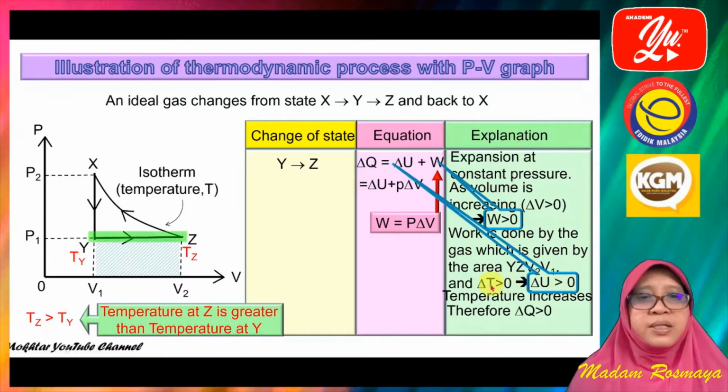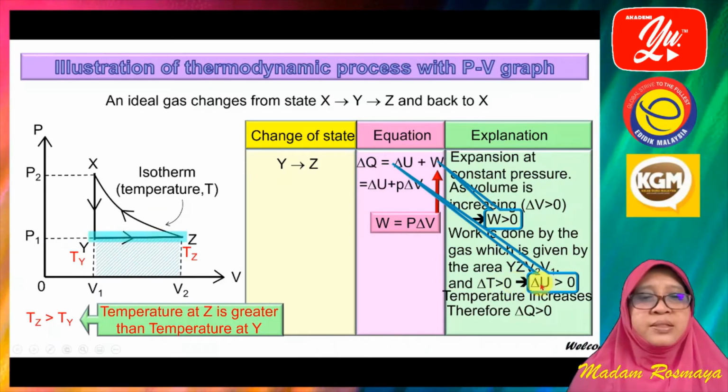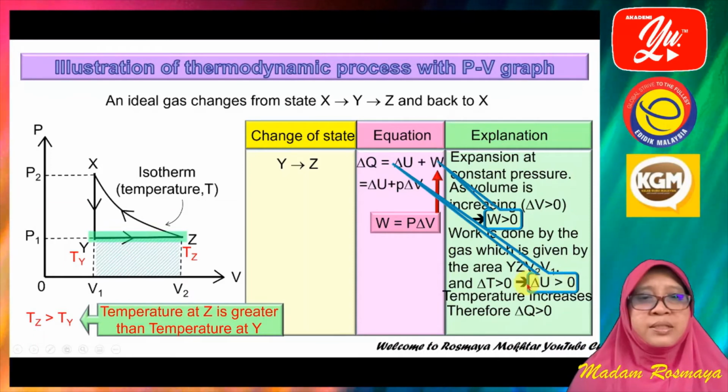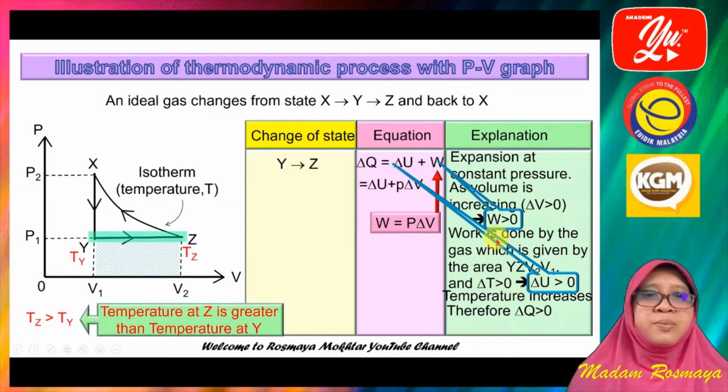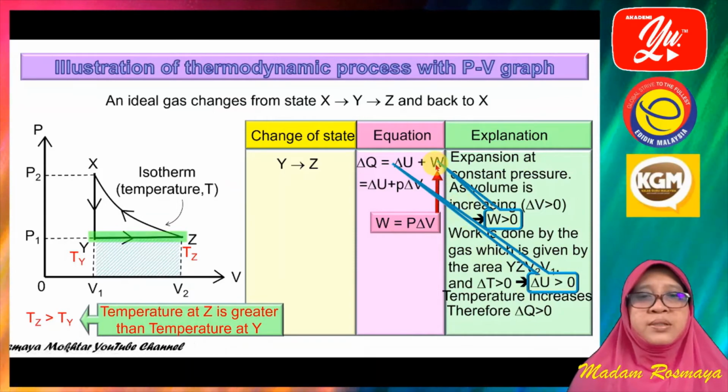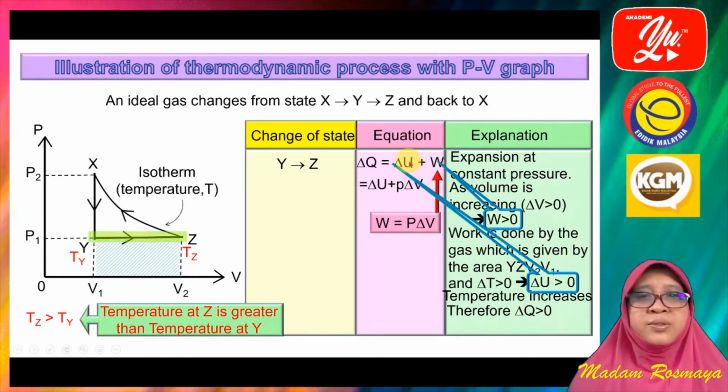Because delta T is larger than 0, the change in internal energy is also larger than 0, because internal energy depends on temperature. Now we substitute both work larger than 0 and delta U larger than 0. In other words, work is increasing, change in internal energy is also increasing.